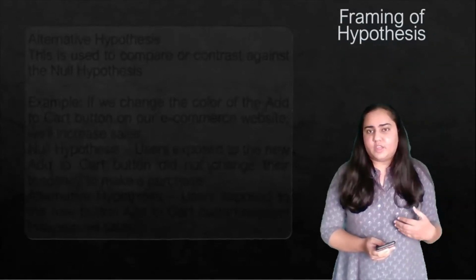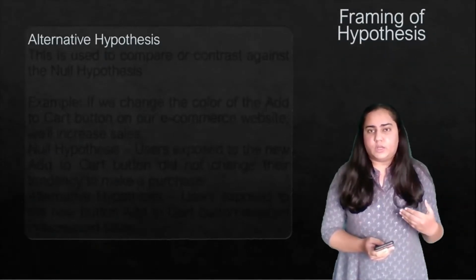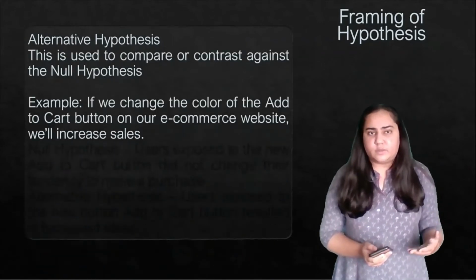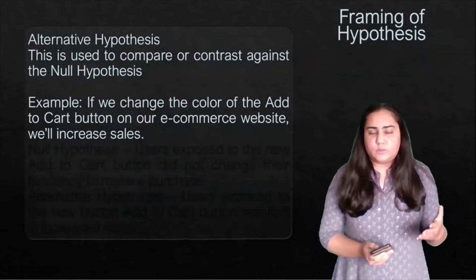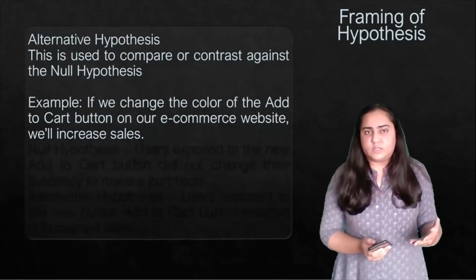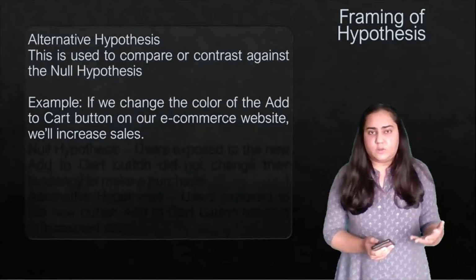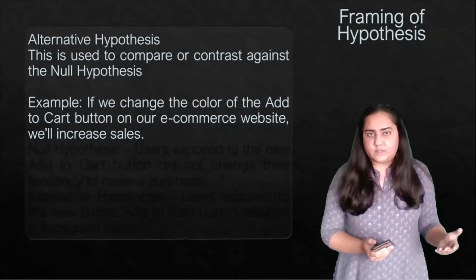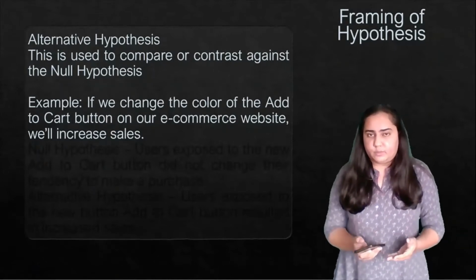Now, how do we frame a hypothesis for our statements? For that, we need to have an alternative hypothesis, which is used to compare or contrast against the null hypothesis. So an example is, if we change the color of the add to cart button on our e-commerce website, we will increase sales. That is an alternative hypothesis.